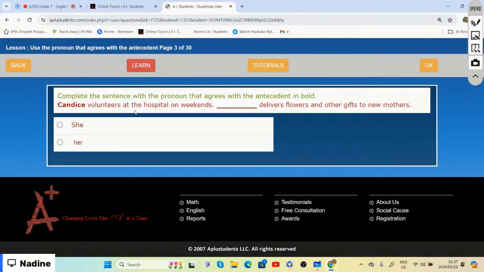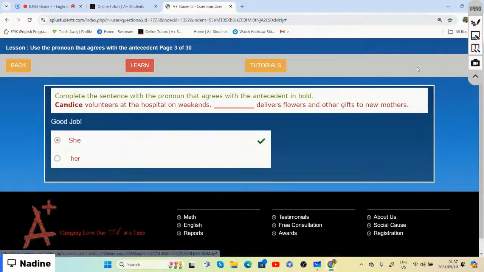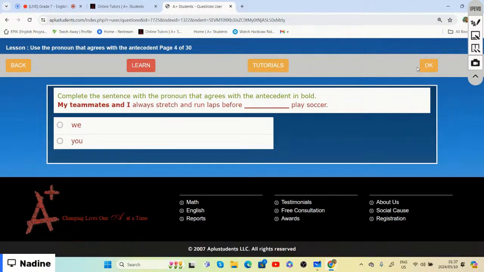All right, and if we choose the correct one, we'll say Candace volunteers at the hospital on weekends. She delivers flowers and other gifts to new mothers. So she is a pronoun that agrees with Candace.